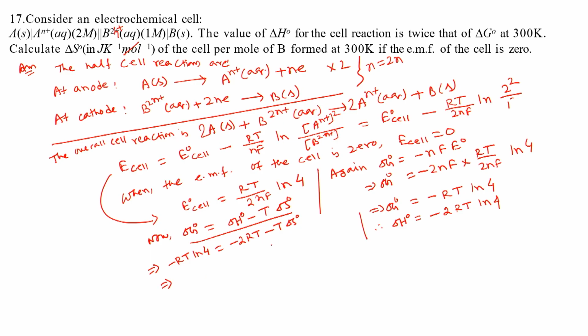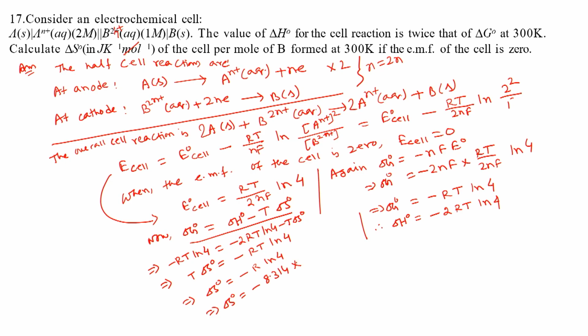So we write minus RT ln 4 is minus twice RT ln 4 minus T delta S naught. So delta H naught is minus 2 RT ln 4, and we take minus T delta S naught on this side, we get minus RT ln 4. So we get delta S naught is minus R ln 4, and value of R we know, delta S naught is minus 8.314 times ln 4.